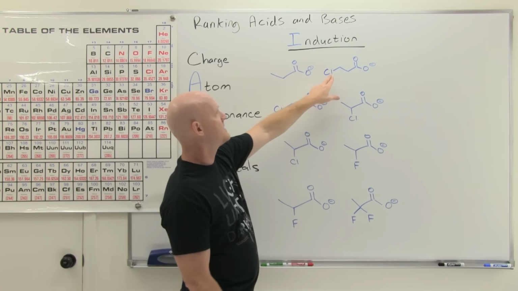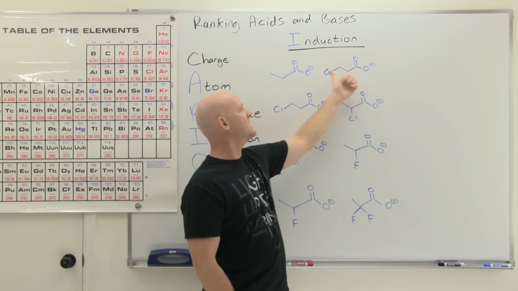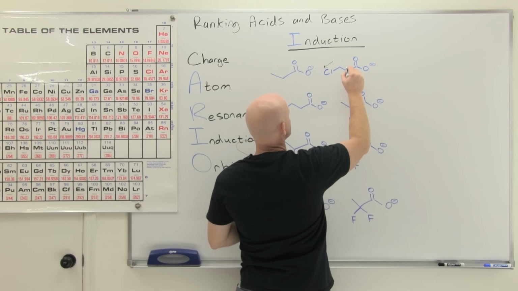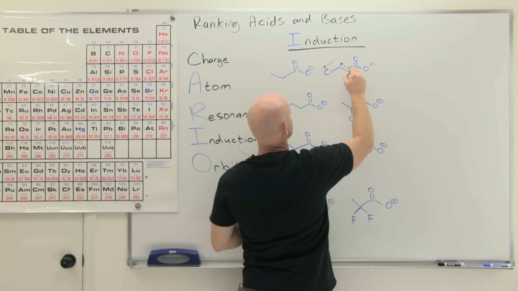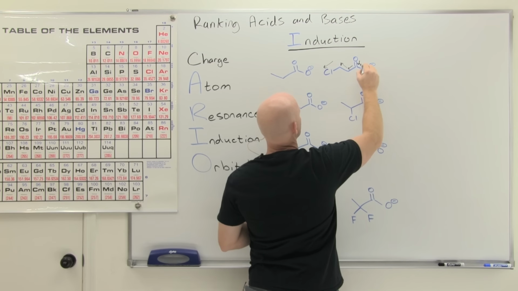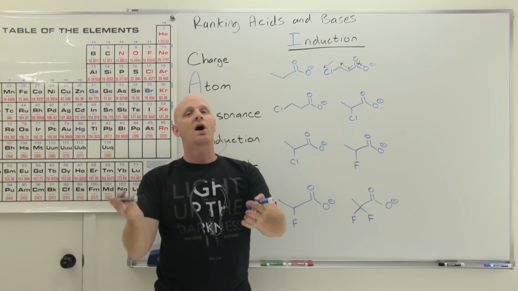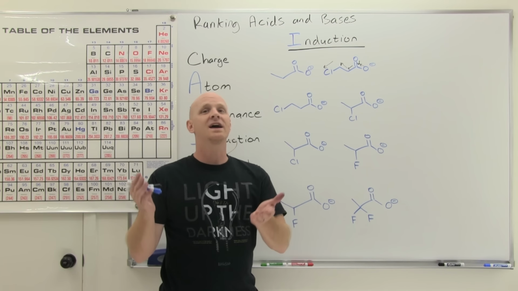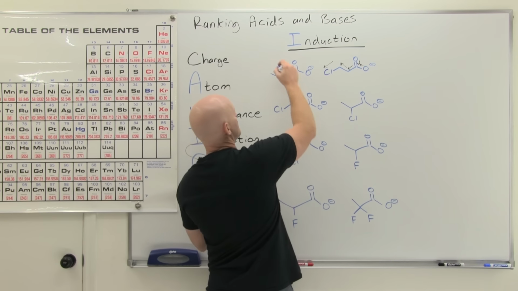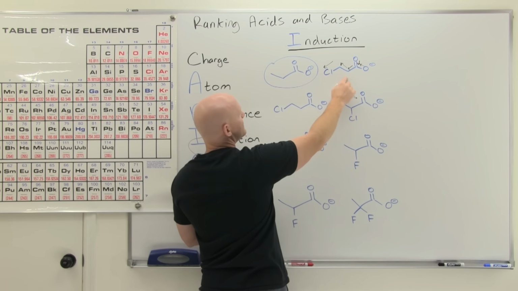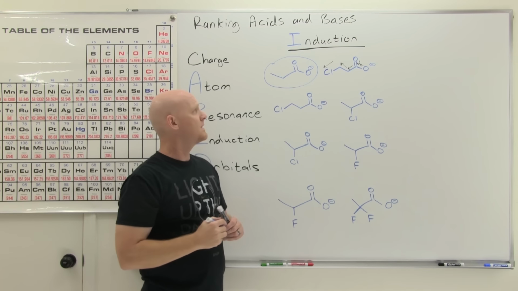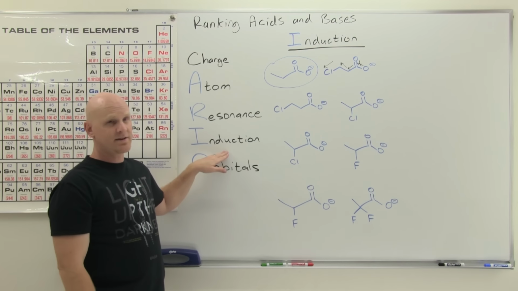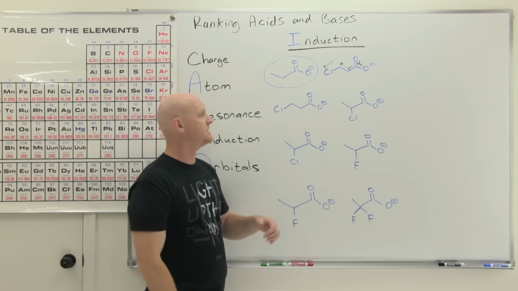In this case, the chlorine here is going to pull electron density away from this carbon, which then pulls it away from this carbon, which then pulls it away from this carbon, which is then going to pull some away from those oxygens, eventually making those oxygens less negatively charged, which makes them more stable, lower energy, and a weaker base. So the one stabilized by induction is the weaker base. Okay, so that's the first part. And again, induction's all about electronegativity, so far as we're concerned in this lesson.